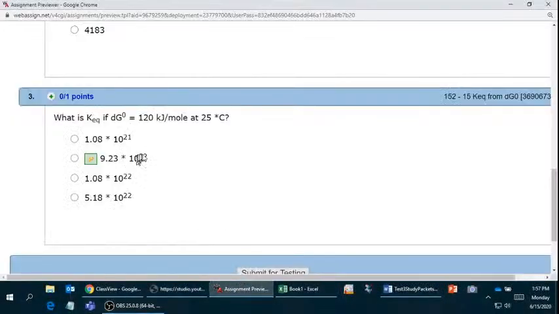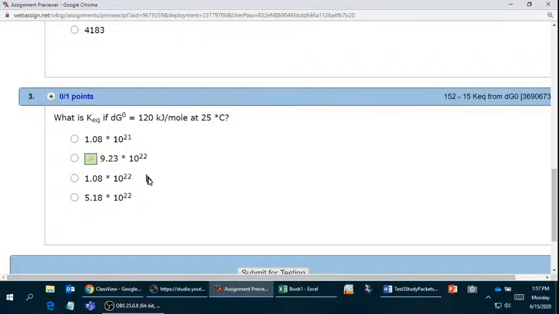Are you putting the negative in there when you raise the exponential, if you're getting such a tiny power? Oh, I'm sorry, I misread your answer. Yeah, it's supposed to be 9.23 to the negative 22. So for that question, yeah, it's 9.23 to the 22. Oh, it looks like there's a typo in that. That should be a negative. I can fix that. Yeah, it should be negative 22.